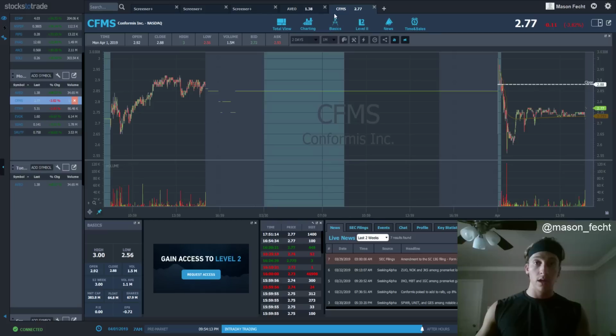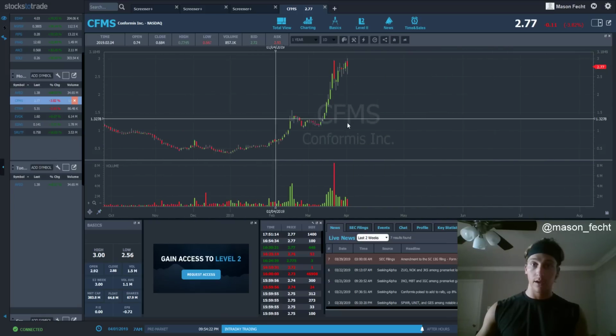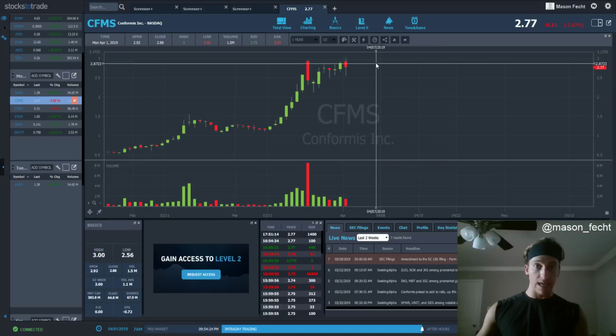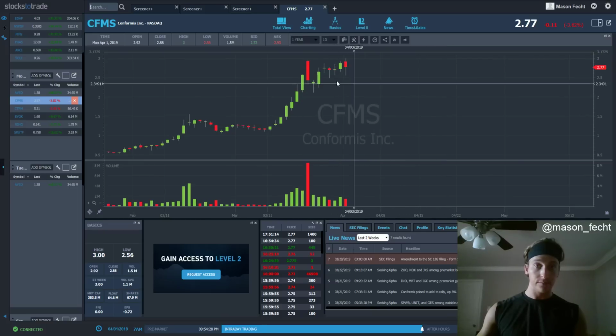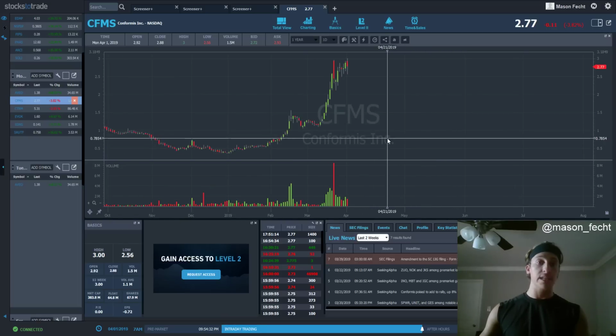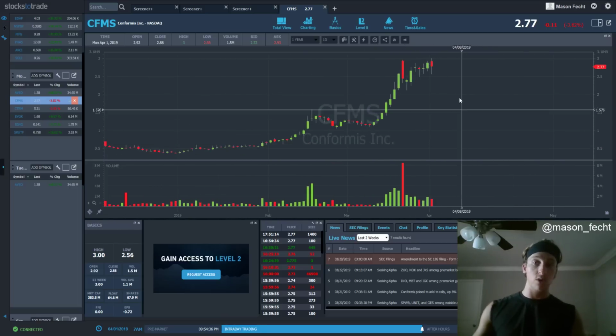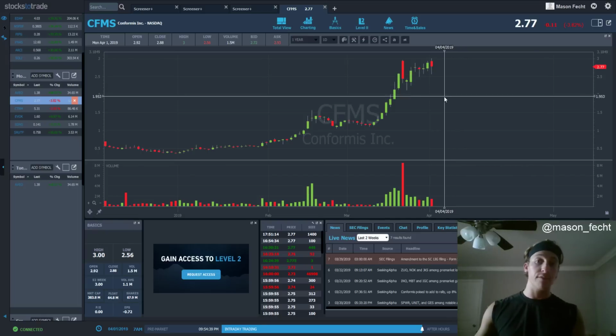CFMS, I've been keeping this one on watch as well. If you see right here, it's right underneath that breakout level of 2.95 from this day right here. This one's not that volatile, but I do think if it consolidates for a few more days and does ultimately break out above that 2.95 to 3 dollar area, we could have a nice little move.